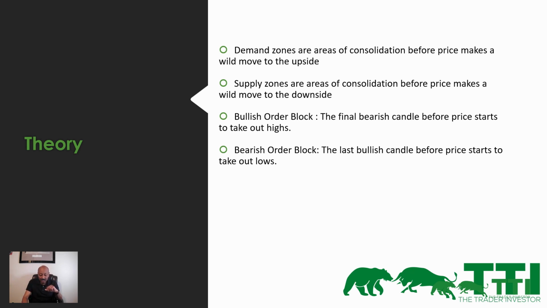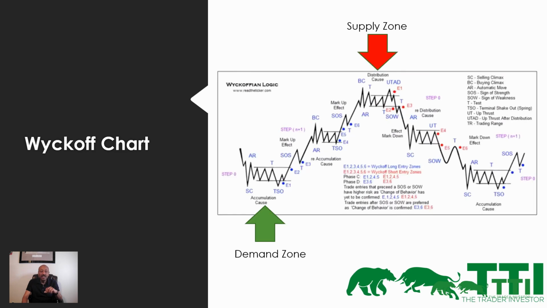And taking this theory now into a Wyckoff chart, the Wyckoff theory says markets move in one of two ways. They're either in consolidation or they're trending. And in consolidation, it could be an accumulation or it could be a distribution. Either side tells us whether it's a demand zone or a supply zone.